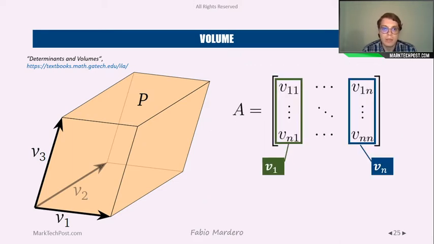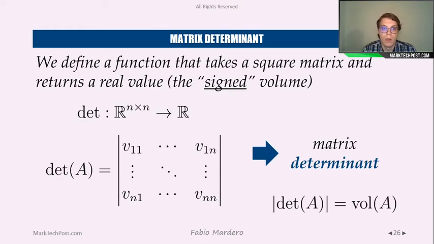So we can write P using a matrix. In fact, consider that we need to define n vectors, and each vector has n components. So A here is a square matrix. Now let's define a map that computes the volume. Here we define this function, which takes a square matrix and returns a real value.